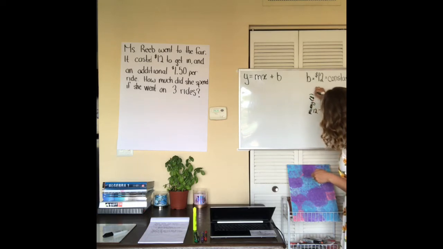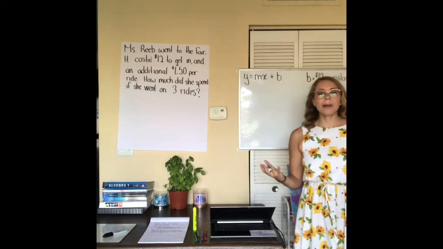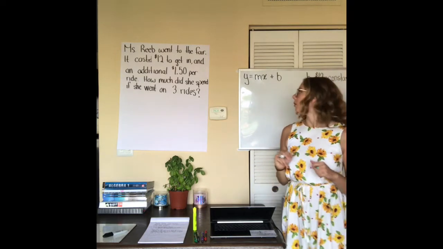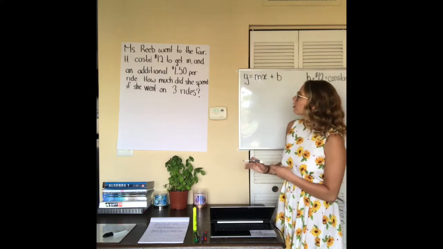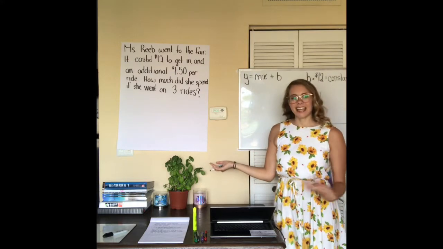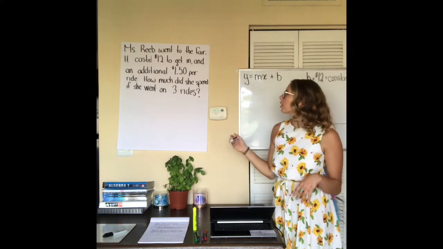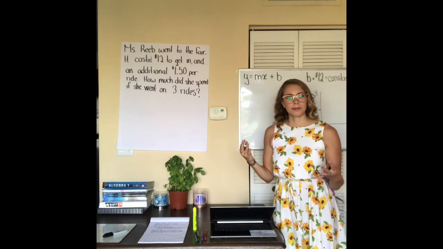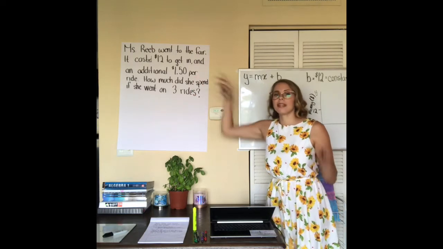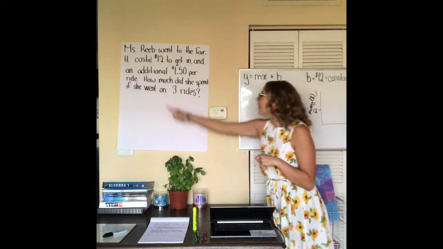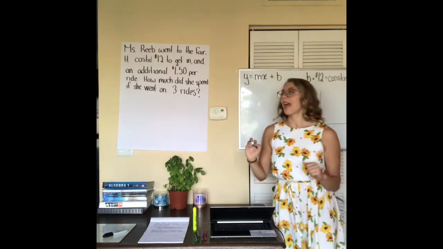In dollars. So now I need to figure out what my x value is going to be based on my units. Miss Reeb went to the fair, it cost $12 to get in, and an additional $1.50 per ride. See this word per? This word per means that we have a rate going on. That means that rides are going to be our x value.